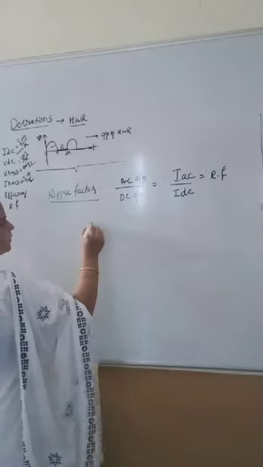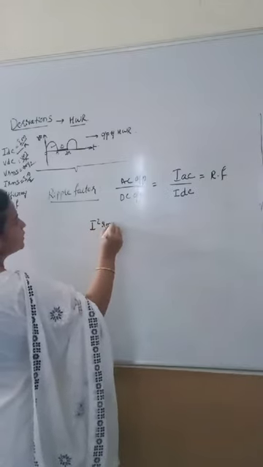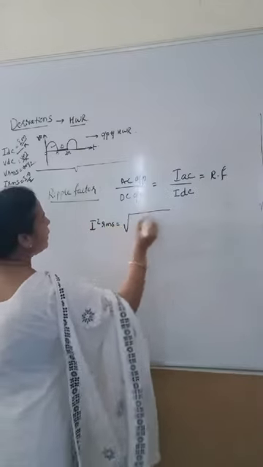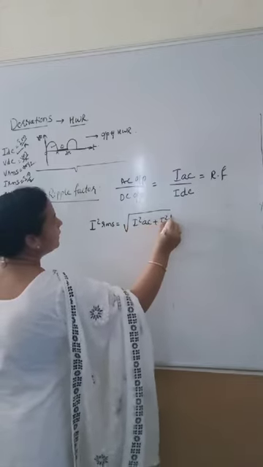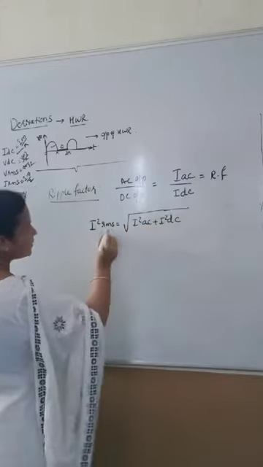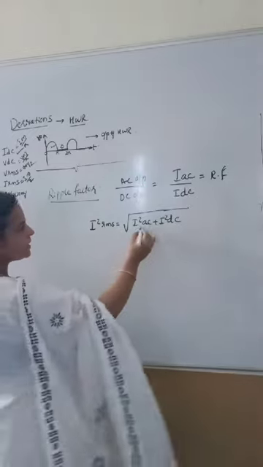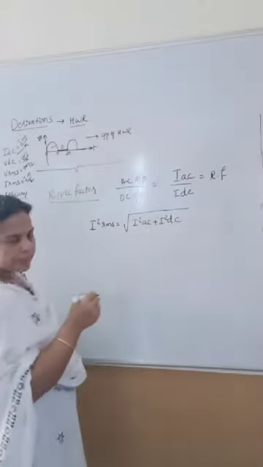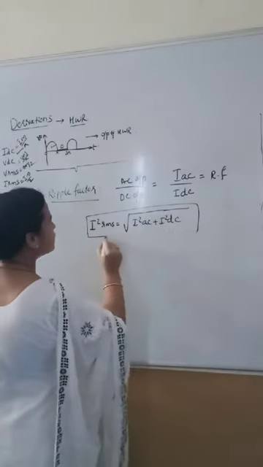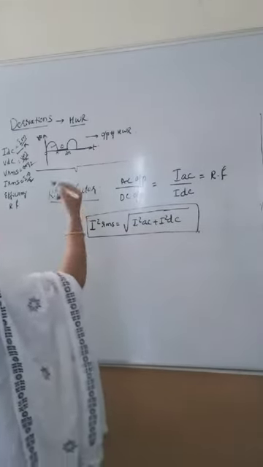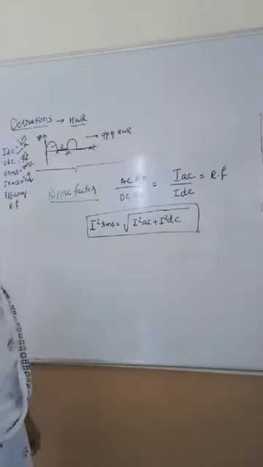There is one more equation which gives you the relationship between the RMS value of a current, the AC value of a current and the DC value of a current. I RMS is equal to root of I square AC plus I square DC. You have to remember this for the derivation of the ripple factor for half wave, and even for full wave also.